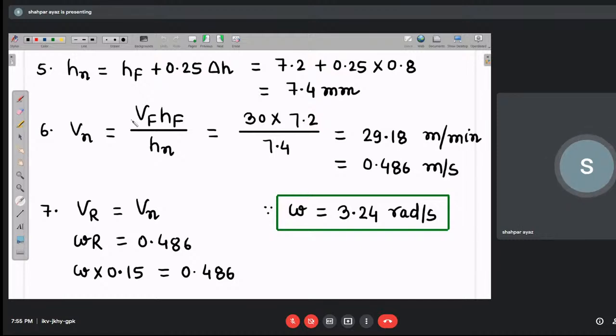This is 7th, 8th class mathematics. Whatever unit of final velocity, the velocity of the strip at the exit, same unit for Vn. Vf was given in meter per minute, that's why we got it in meter per minute. Hf is in mm and Hn is also in mm, so mm cancels out.